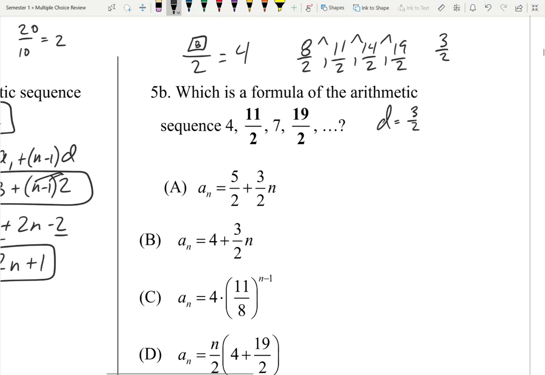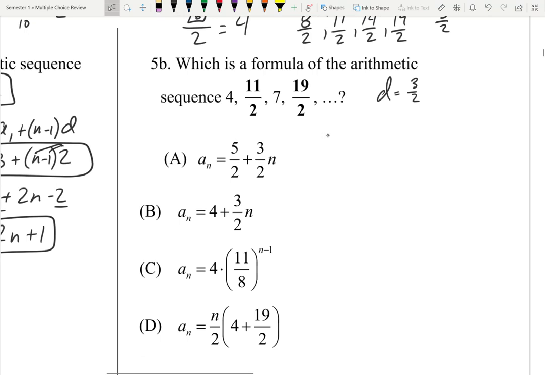So what do we need to do? Just substitute this in. So we'd say a sub n equals a sub 1 plus the quantity n minus 1 times d. A sub n equals, what's our first term, is 4. We'll write that as 8 halves, plus the quantity n minus 1 times d, which was 3 halves.